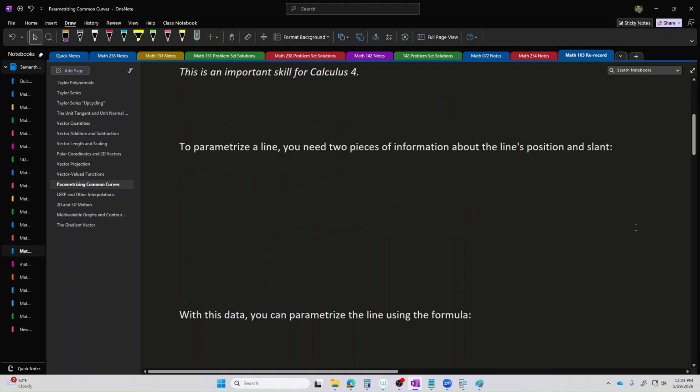Now, in order to parameterize a line, you need two pieces of information about that line. The first piece of information that you need about the line is the line's position in space. Where is the line located? And to that end, what you need is one point on the line.